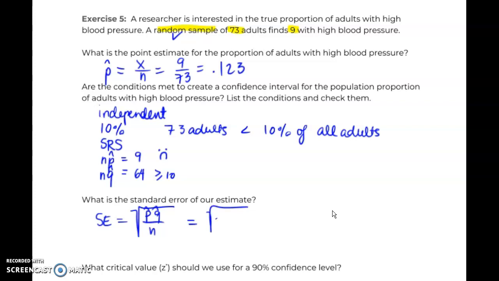Our p hat was 0.123. Therefore, our q hat is going to be 1 minus 0.123, or 0.877. Divided by our sample size of 73.